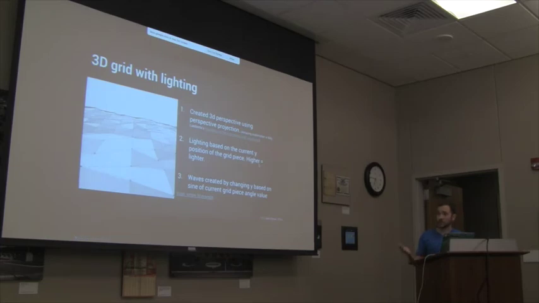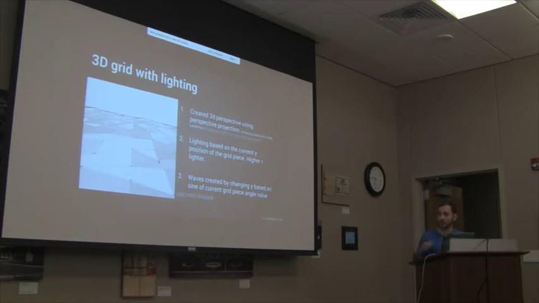What I started with was the 3D grid and the lighting, because that seemed like the most challenging and probably what would take the longest. I used perspective projection to do the 3D grid, and for an awesome explanation, this book, Foundation HTML5 Animation with JavaScript, is great. For the lighting, I cheated.